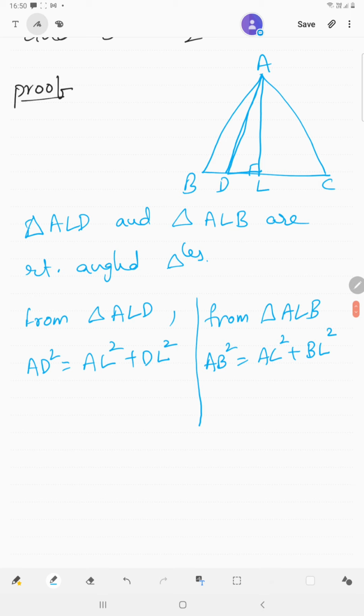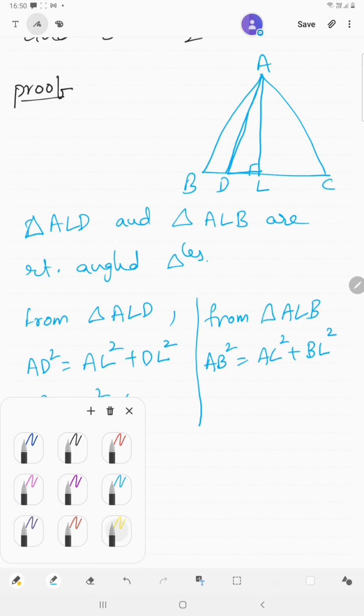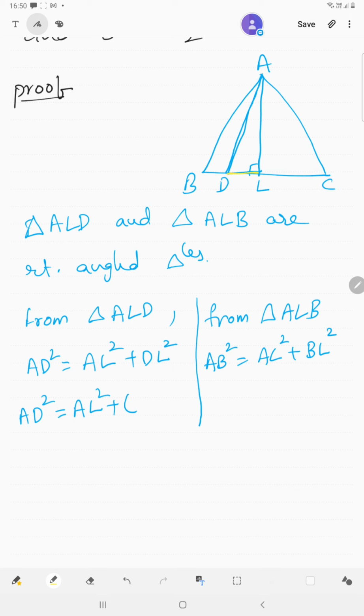Yes. Now observe carefully here. This is the only step you have to remember. AL square and rewrite DL, that is this part DL, as BL minus BD.